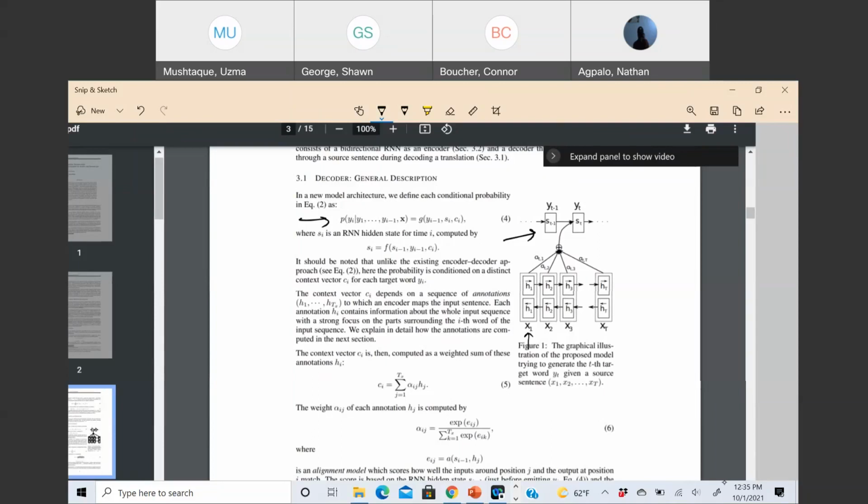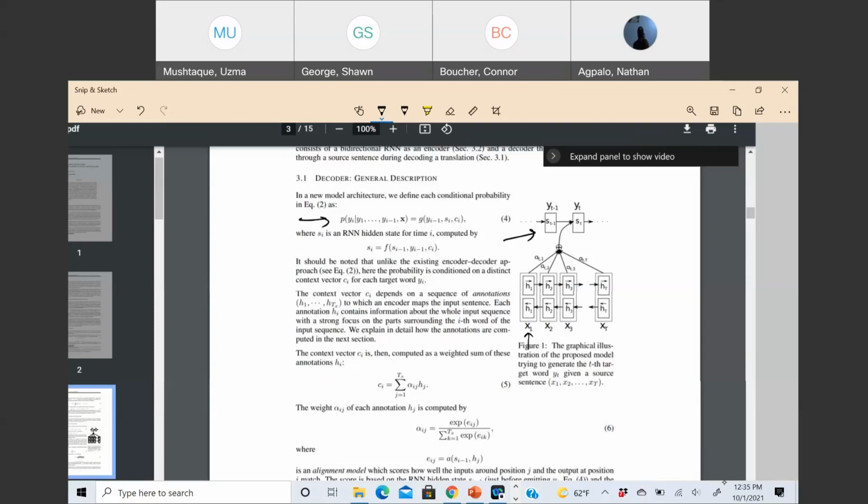Each of these words will have some impact on predicting the very first word in my translated text. Remember the encoder architecture, what we said about that: I encoded this entire input and then started decoding the first word, the second word, the third word. So in this one, I'm not waiting until that point, but rather I have these output cells present along with this architecture, with the exception that I'm taking some inputs from these hidden cells.